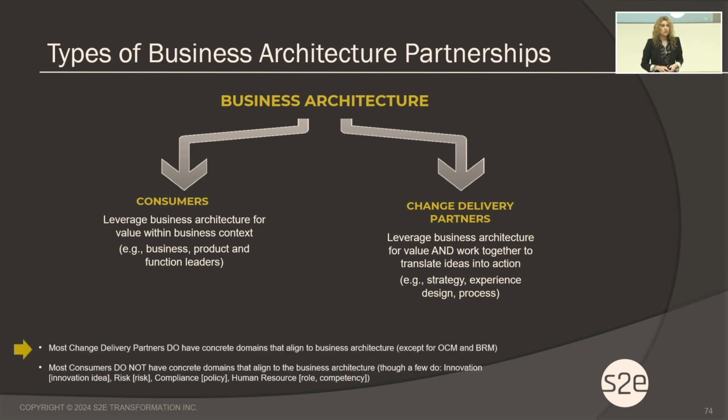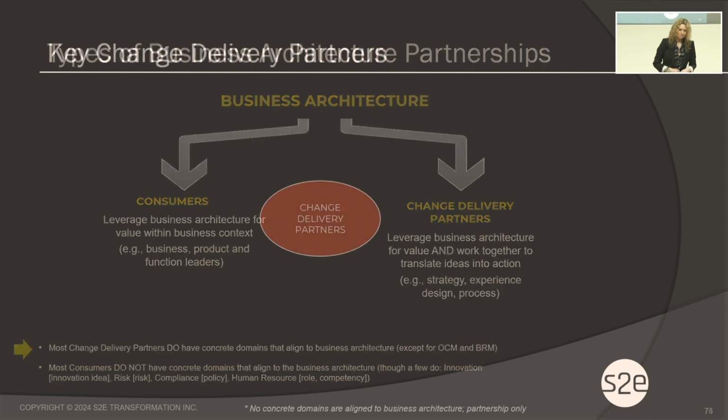For many, not all, but many of those disciplines, they're going to have a domain that we're actually going to connect or cross-map to the business architecture. So that gives you a couple buckets to think about. I won't go into detail on consumers today because there are many of them, and we could talk about how to apply business architecture for value for a long, long time. But I'll talk a little bit more about change delivery partners now.